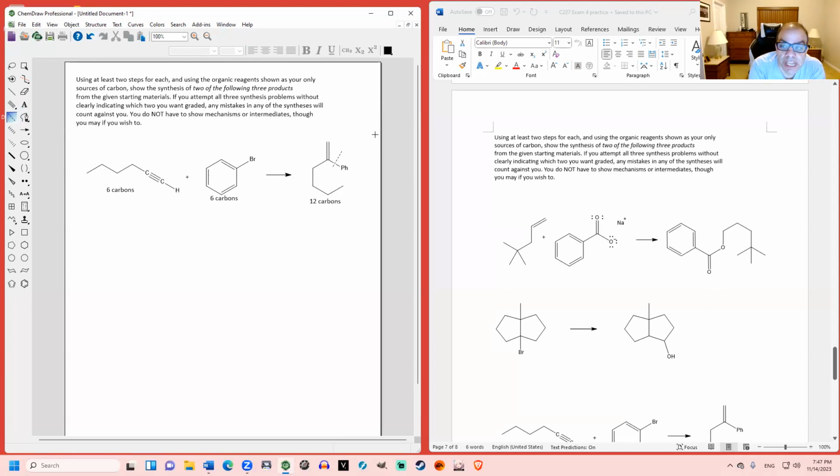Do we know any ways of making carbon-carbon bonds? We do. We learned it in chapter 9, 10.